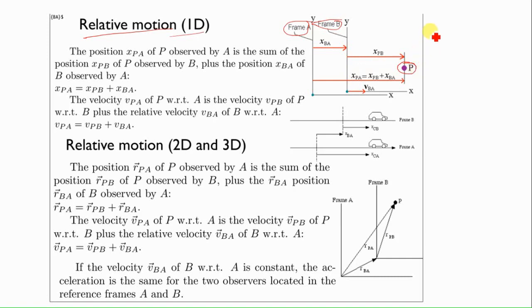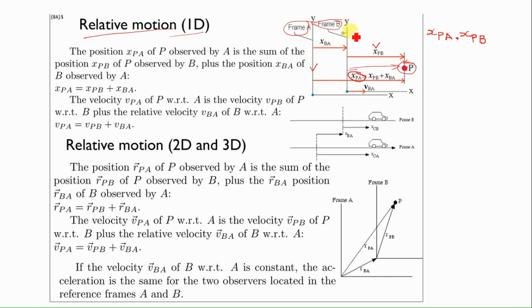Here the position vector of P with respect to the frame of reference A, and this is the position vector of P with respect to the frame of reference B. If we consider the position vector of P with respect to frame A, this is x_PA, and the position vector of P with respect to frame B is x_PB.